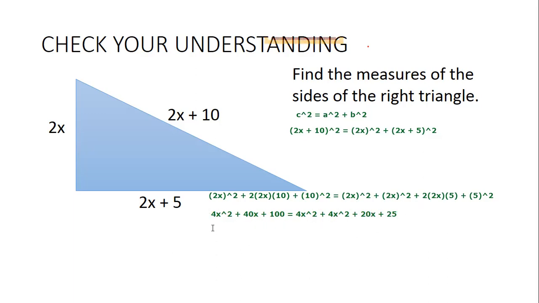Simplifying this, we get 4x squared plus 40x plus 100, which is equal to 8x squared plus 20x plus 25.